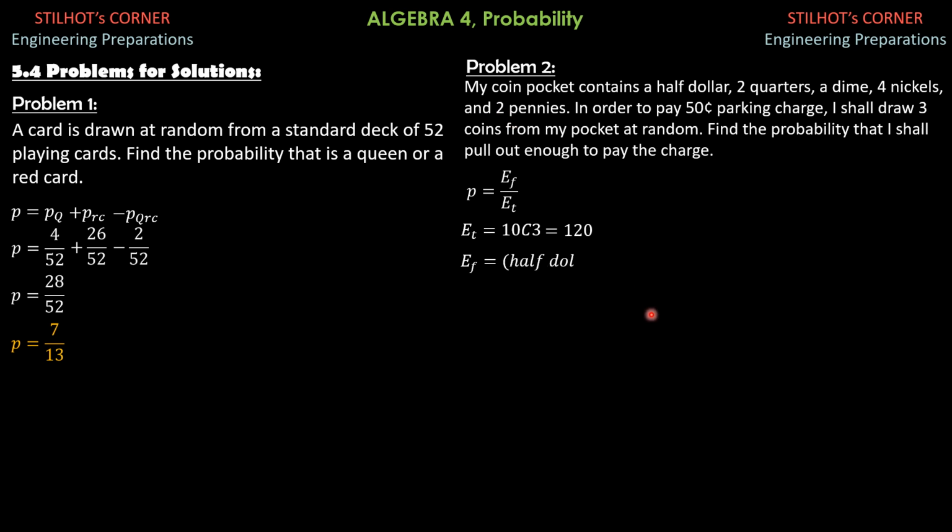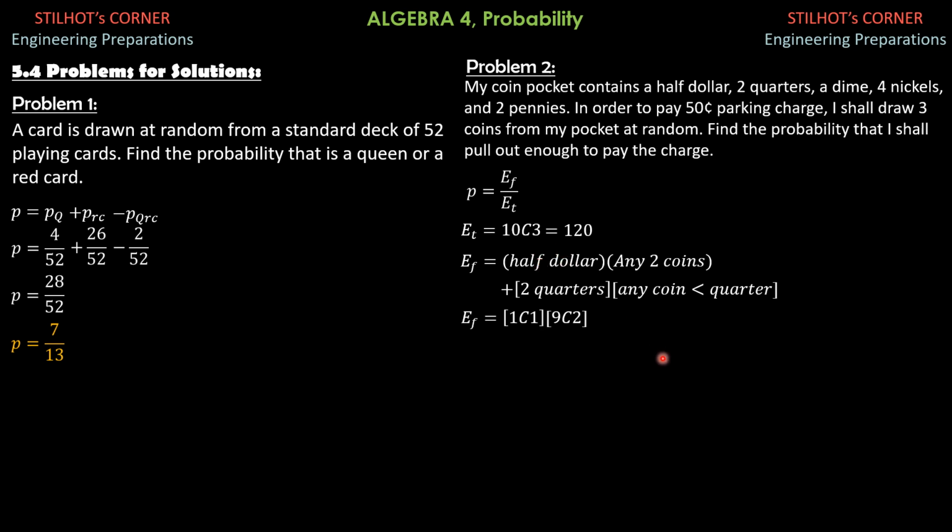So E sub F is half dollar times any 2 coins remaining plus 2 quarters, then times any coin less than a quarter. So that excludes also the half dollar because it is already in this situation here. So half dollar 1 combination 1 times 9 combination 2. This 9 here is the remaining coins less the half dollar coin.